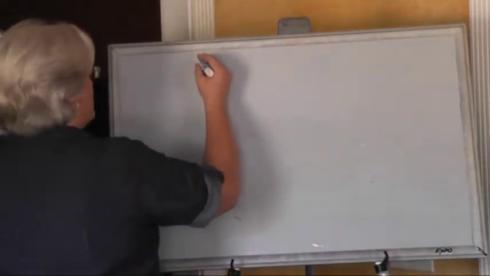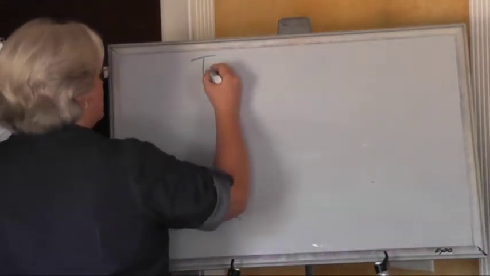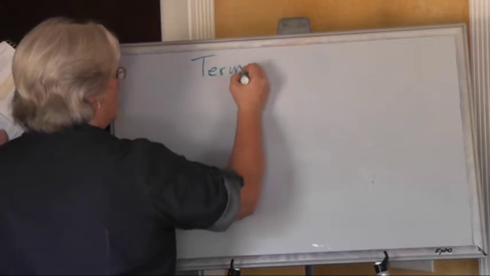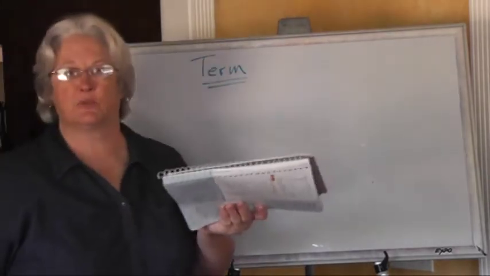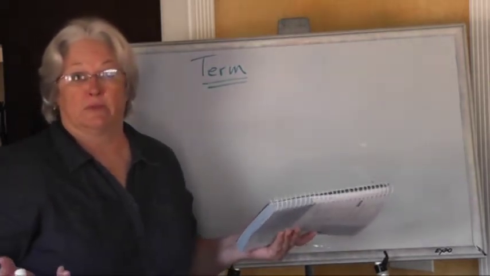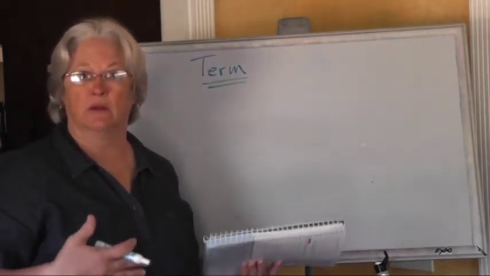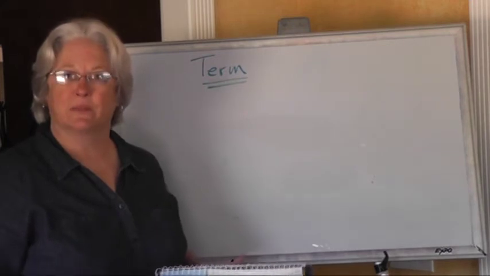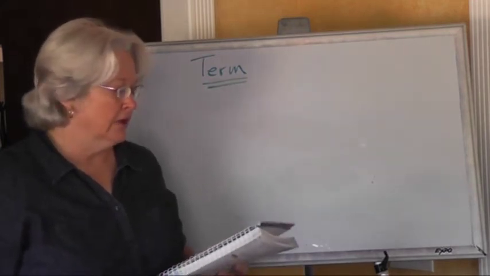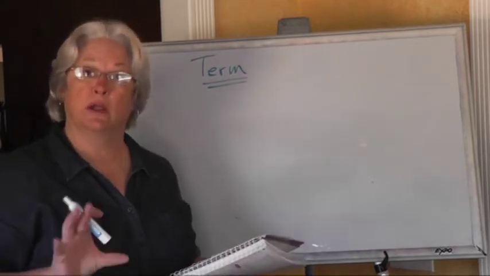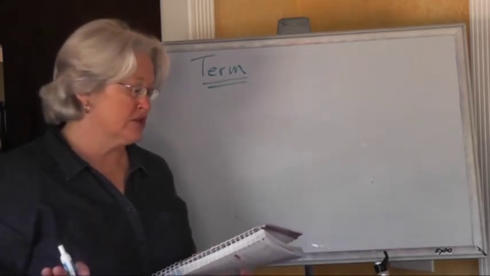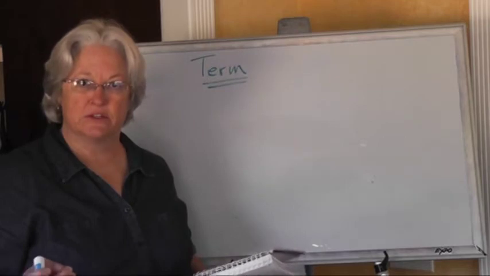So what we have to come up with is an understanding of what a term is in algebra. A term might be a semester long in college, but a term means something completely different in algebra. When we're talking about algebraic expressions, terms are add-ins.